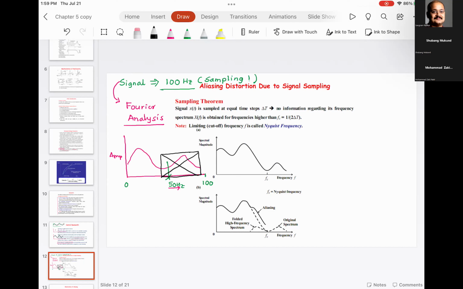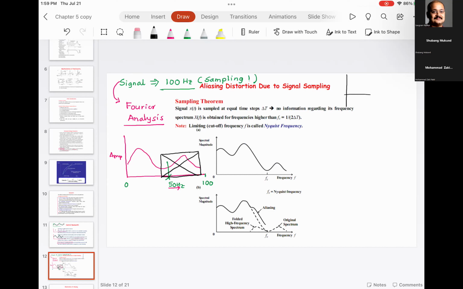And here is the reason why. There is a concept called aliasing. You can think of aliasing as the fold over of the frequencies beyond half of the sampling frequency. Say you have a signal that you are sampling at 100 hertz, and don't think that this signal is a very clean sinusoid.